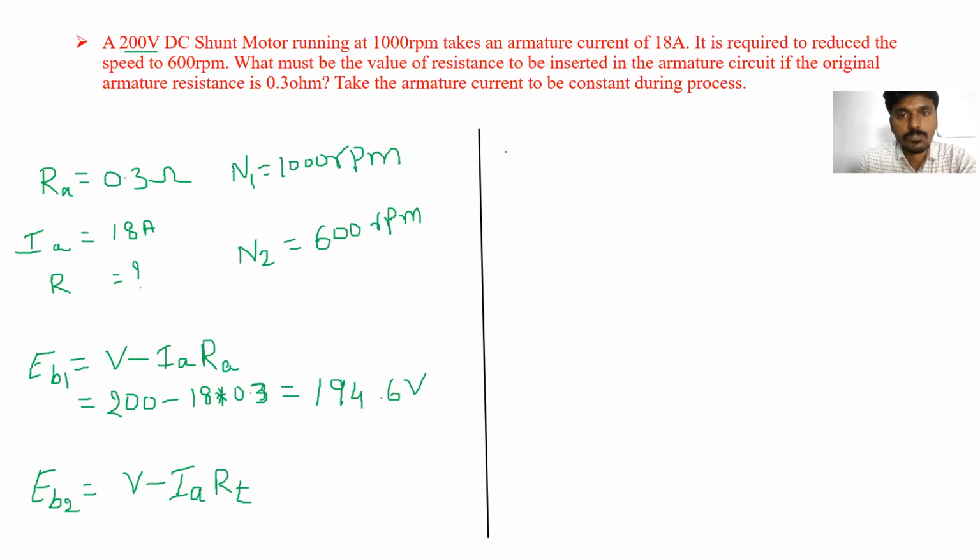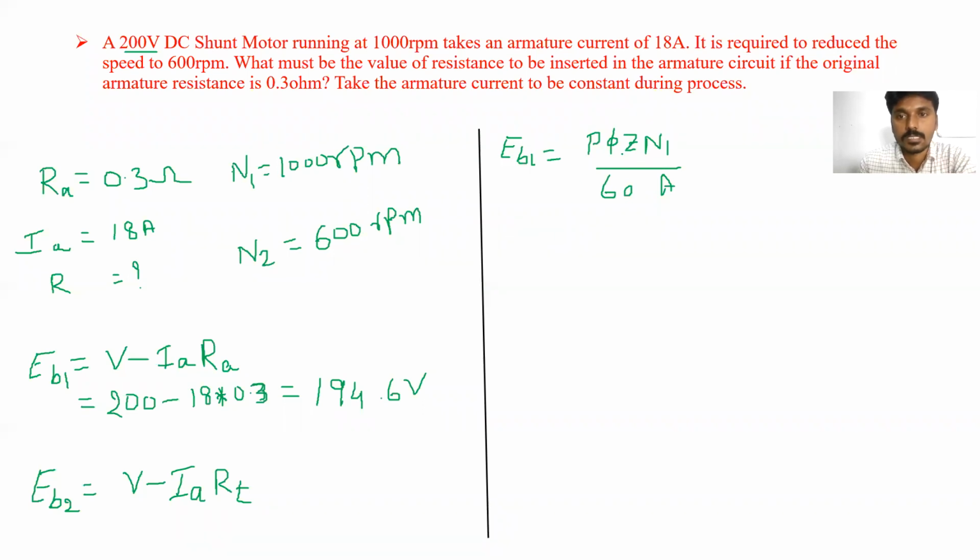Okay, so we know the formula. EB1 is equal to, what is the formula? PhiZN1 upon 60 into A. Clear?